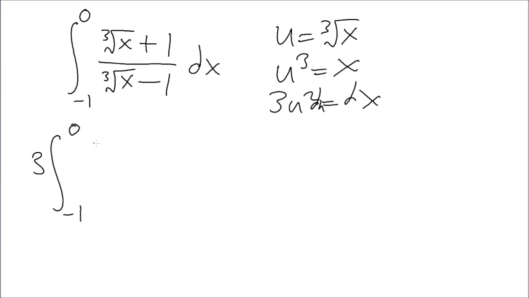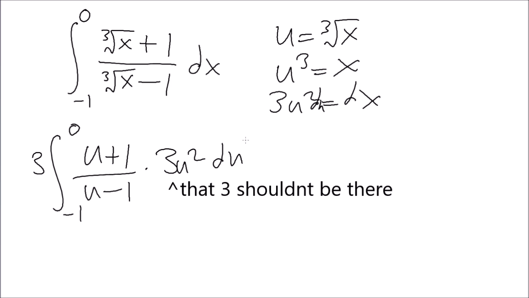Nothing much. So now we have u plus 1, u minus 1, times 3u squared du. Well, that didn't really change much. How does this make it any easier? You're probably wondering, how on earth does this make it any easier?